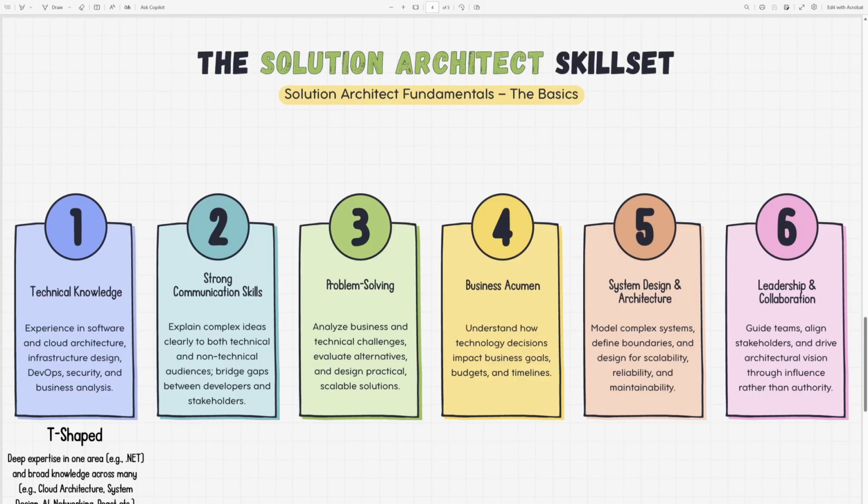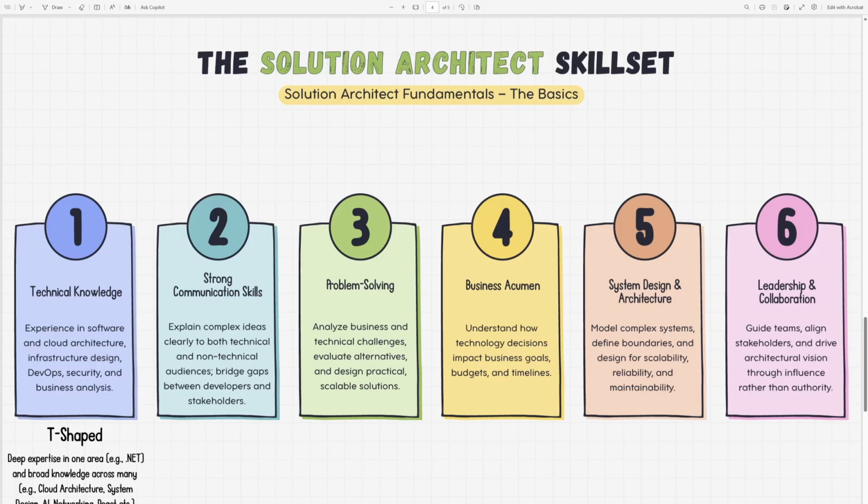So a solution architect doesn't know everything. He just knows a bit about a lot of things. And one of the most important things is he understands the business. He has the business language. Because after all, he is the bridge between the business, technology, people, developers, product, and so on. He's the glue.